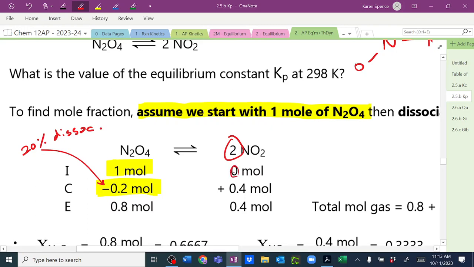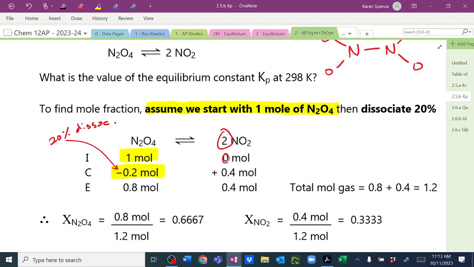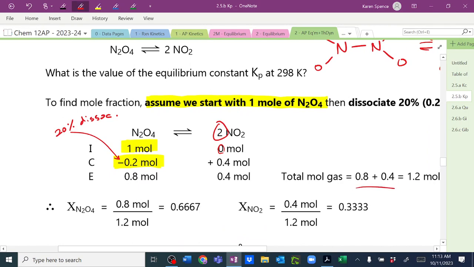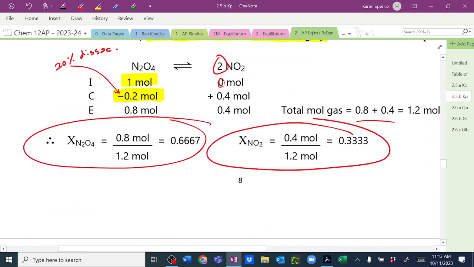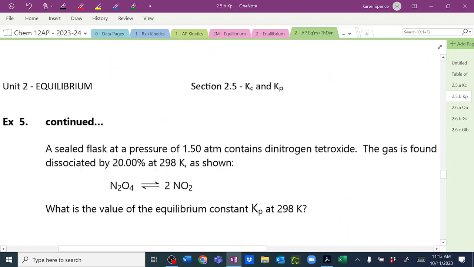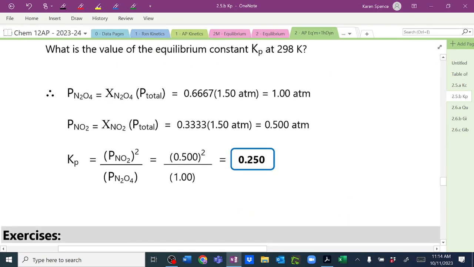You're starting with nothing here. Just do the math. You get 0.8, 0.4. And now you're finding total moles of gas. You're finding a mole fraction and a mole fraction. From there, you can find your partial pressures, and then you just plug it into your equation, and Bob's your uncle. Is good? Okay, cool.